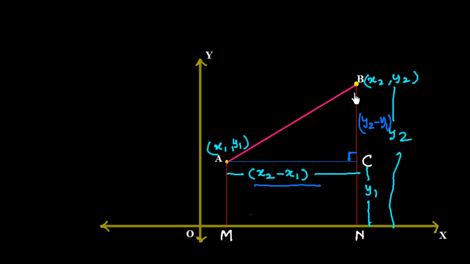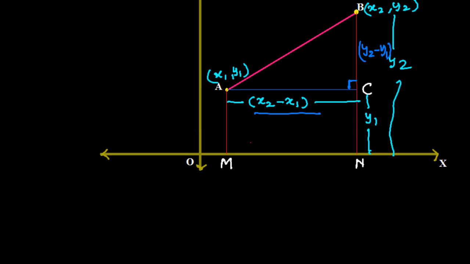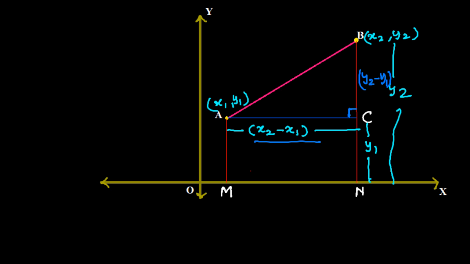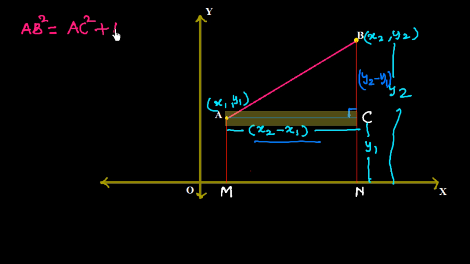So the square of AB is equal to the sum of the squares of AC and BC. We can write AB square is equal to AC square plus BC square.